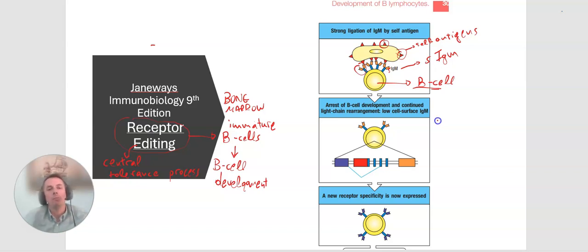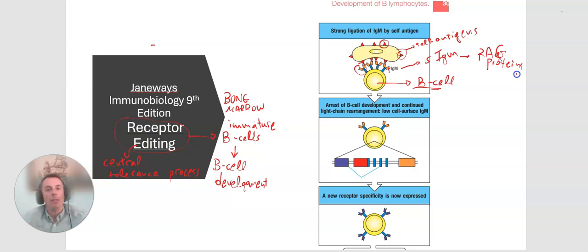So first of all, as we've said, the B cell produces the IgM, and at that point, RAG proteins are still produced. Now, RAG proteins play a huge role in V and J recombination in gene rearrangement.